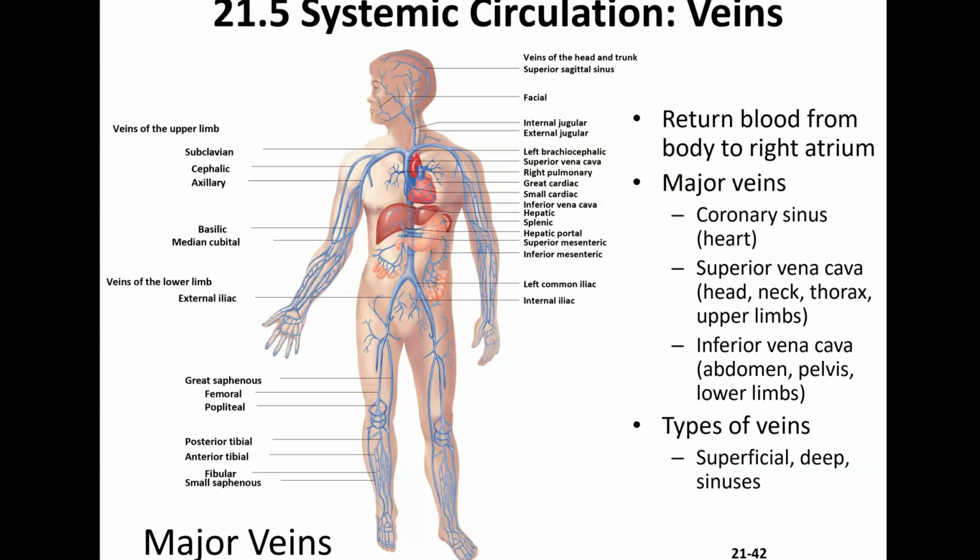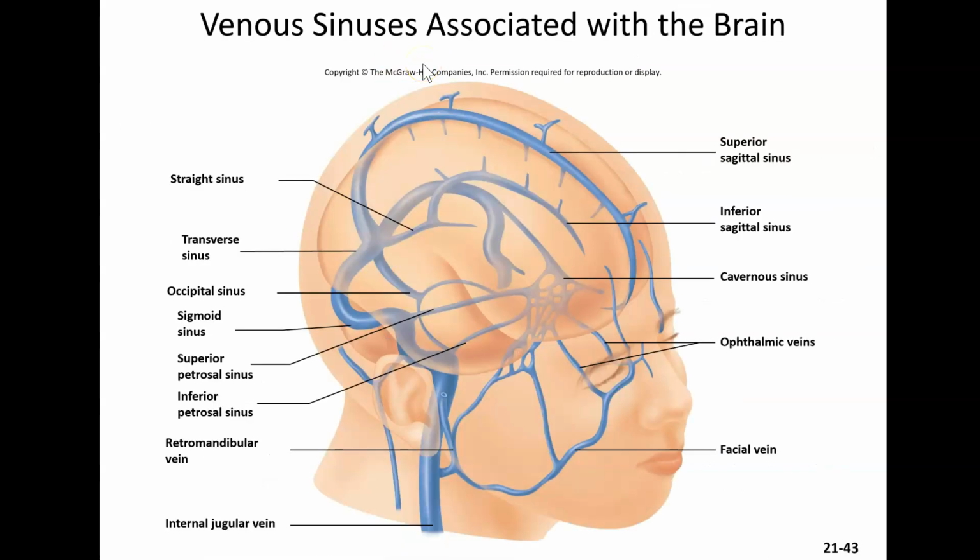And we also have the sinuses that we discussed previously, which we will discuss in the nervous system portion of our courses. But just to give you a little preview of this, we have our superior sagittal sinus that courses above the region of the longitudinal fissure of the brain, sitting between the 2 hemispheres of the brain.